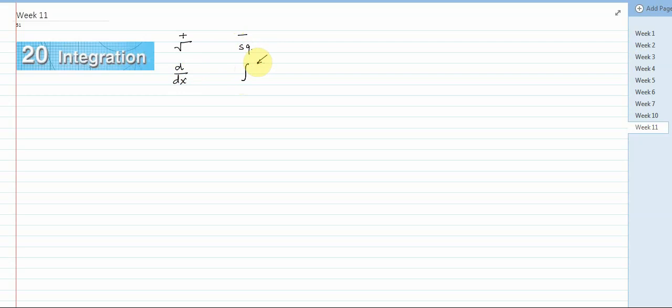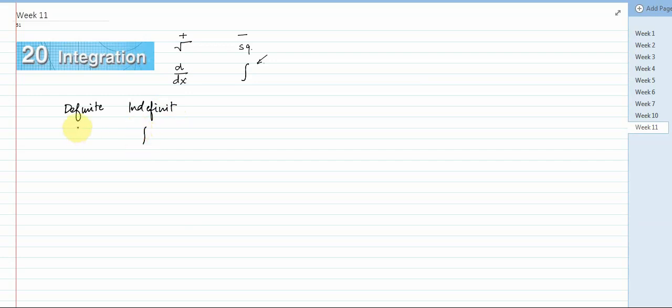All right. So we have two types of integrations. One is definite and the other one is indefinite integral. The difference between these two, while we are talking about indefinite integral, so there are no limits attached to the sign of integration.